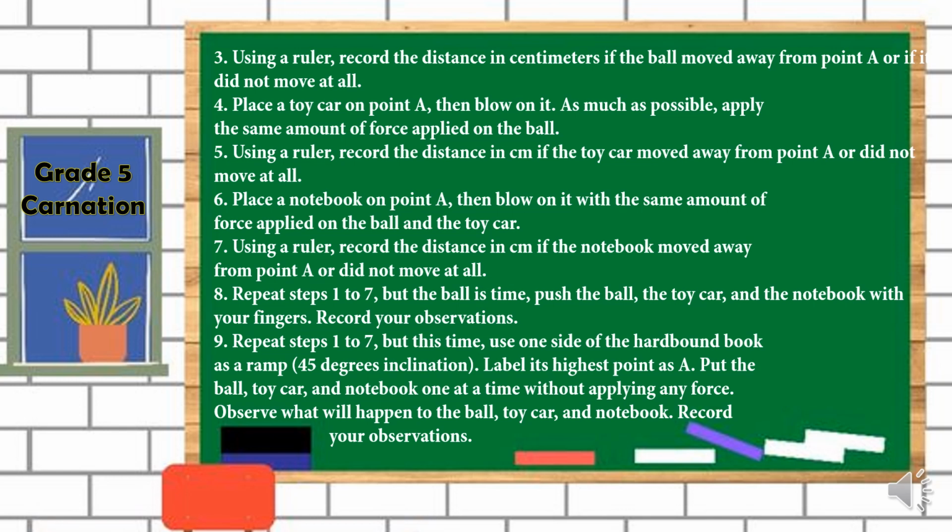Number 4, place a toy car on point A, then blow on it. As much as possible, apply the same amount of force applied on the ball. Number 5, using a ruler, record the distance in centimeters if the toy car moved away from point A or did not move at all.